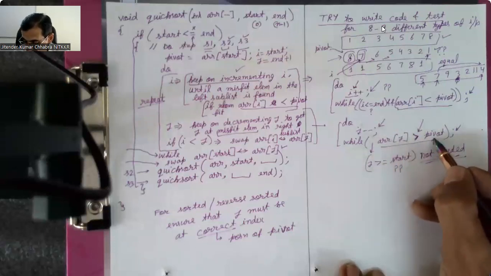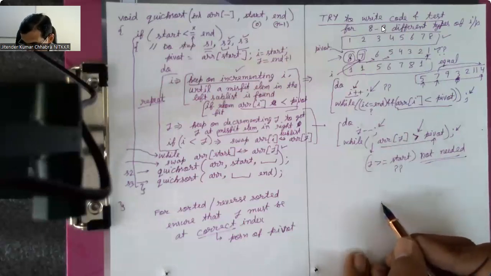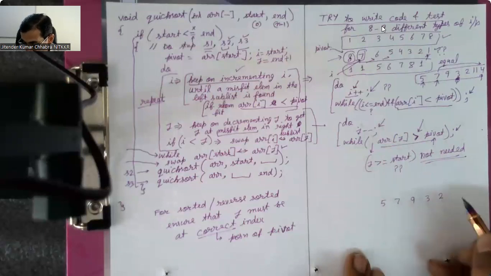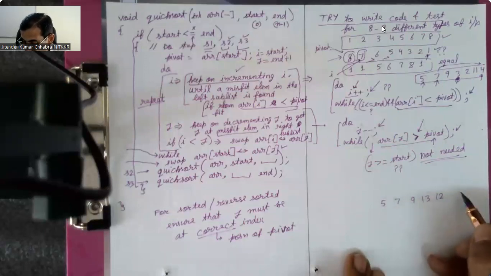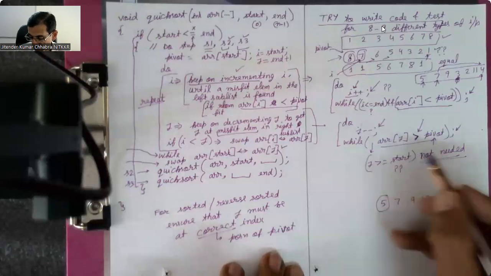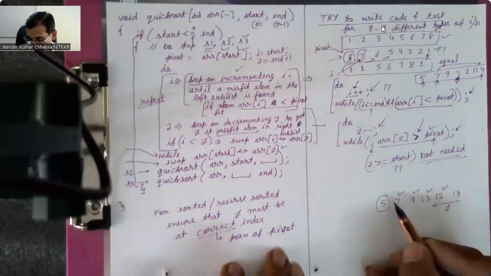Once you reach to the pivot position, say you are coming for the data 5, 7, 9, 3, 2, and say all this data was bigger than 5. You are coming like this. J is decrementing. 5 is the pivot. Array j greater than pivot? Yes, decrement j. Array j greater than pivot, decrement. Array j greater, array j greater.